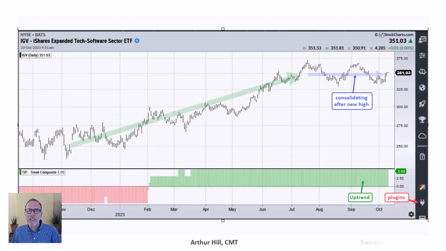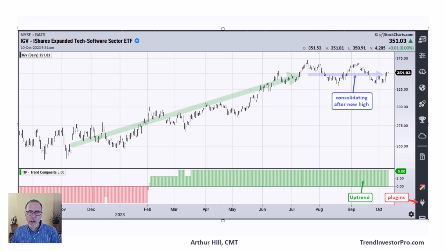So I'm using StockCharts ACP today to show the trend composite and the momentum composite. First of all, the trend composite is designed to signal whether you're in an uptrend or a downtrend. And then its momentum side is the momentum composite, which is designed to identify, say, oversold conditions within an uptrend.